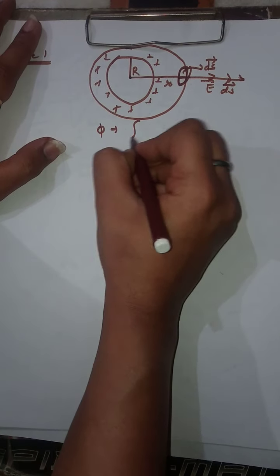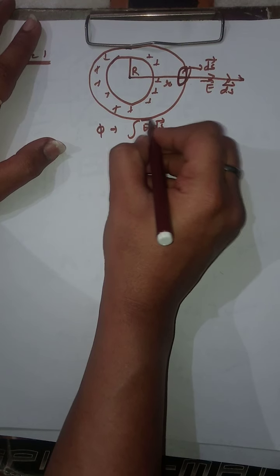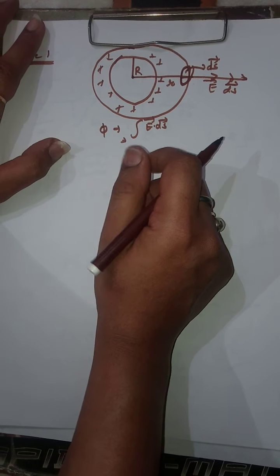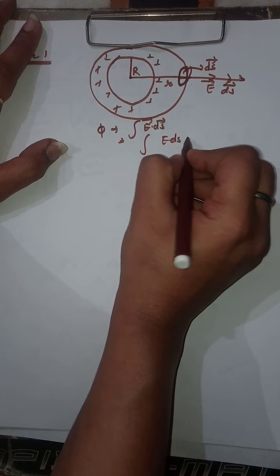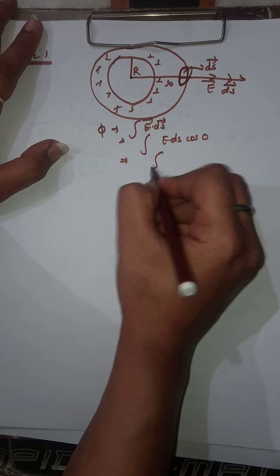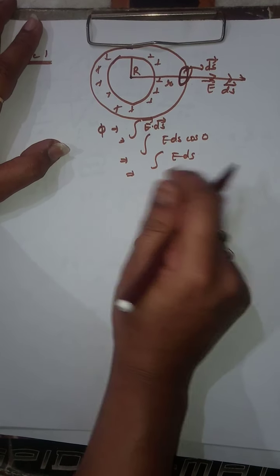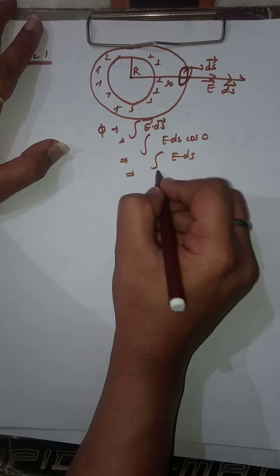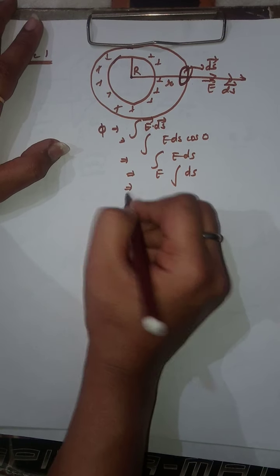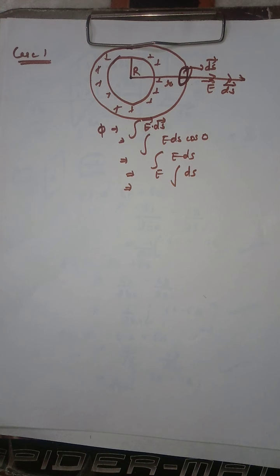As we know, electric flux is given by an integral of E dot ds. And the angle between E and ds is 0 degrees, and cos of 0 is 1. Now, what is the value of integral ds?